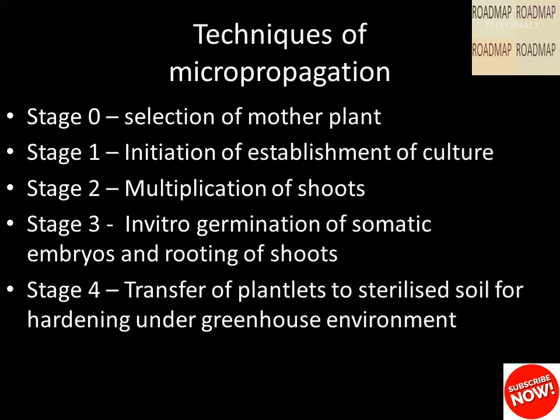It is not necessary that all the species be propagated in vitro through all 5 stages. Basically, in the micropropagation method, the basic process is that the selection of the mother plant is done, then the establishment of culture takes place, then the multiplication of shoots takes place. These are the basic steps involved.